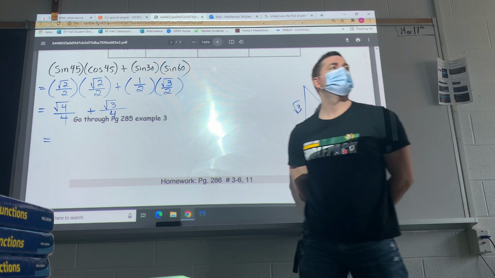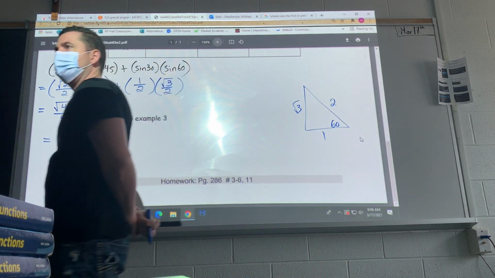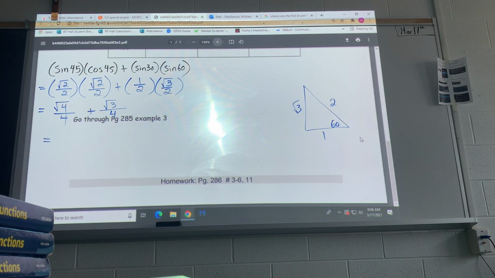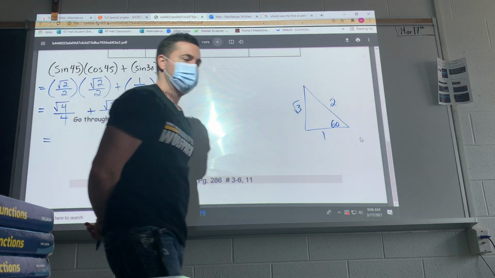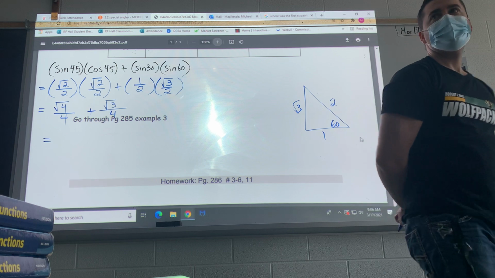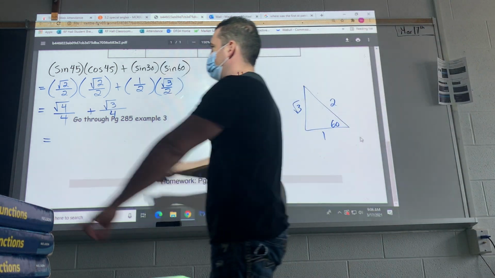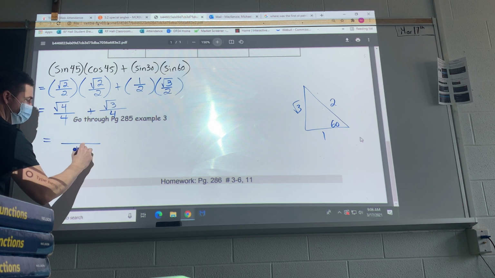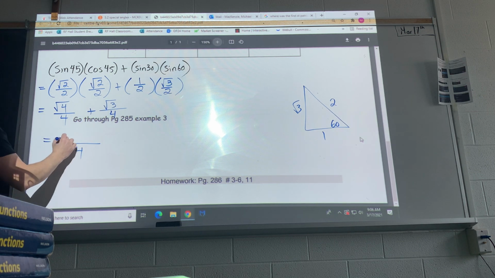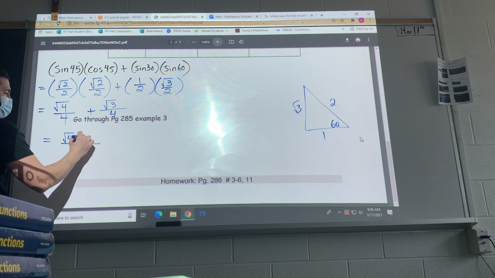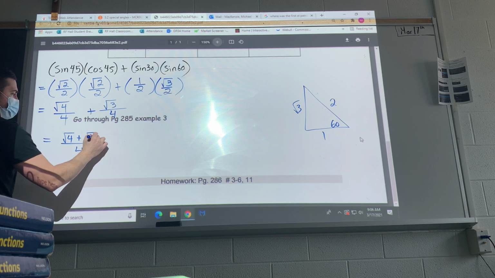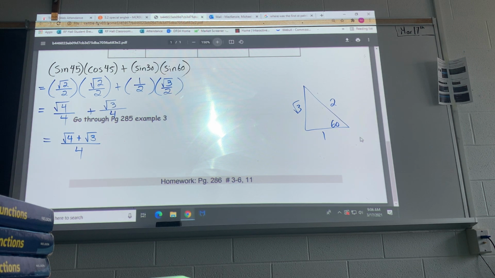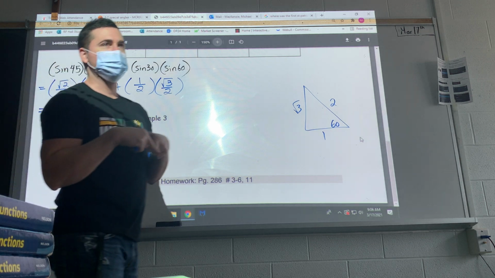Okay, now what? We can put it under one denominator. So they both have the common denominator, good. They already have the common denominator, so we're going to make it one of them. So just the 4, and then we add the numerators, so root 4 plus root 3. We can't actually add them because they're not like terms.